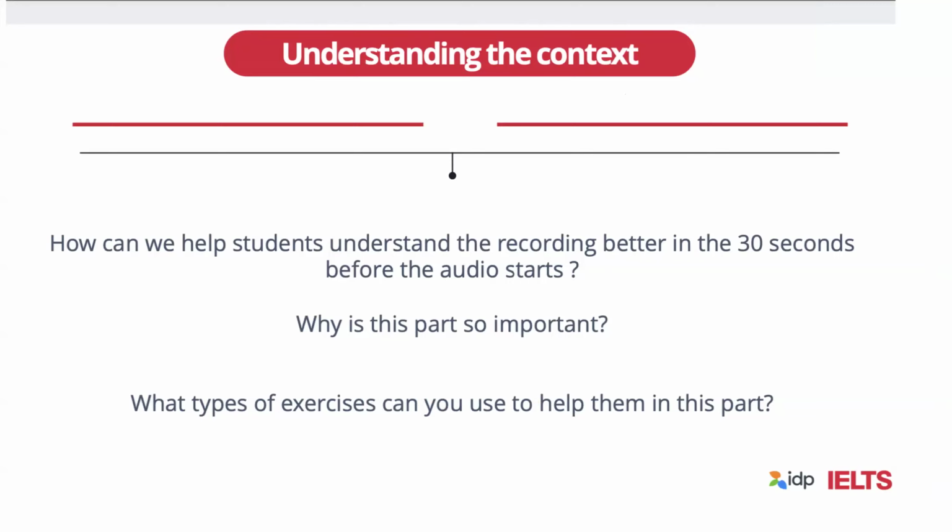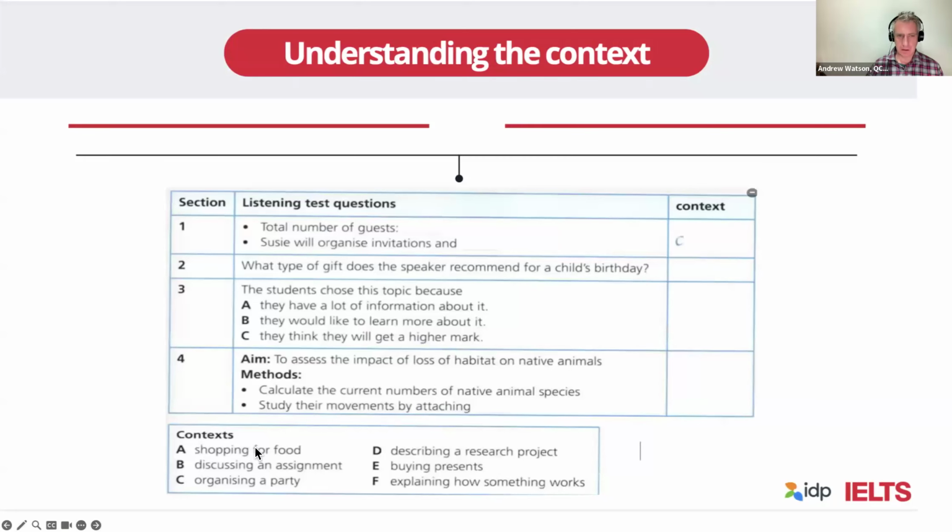These 30 seconds that they give the students is so important so that they recognize the layout of the exercise, where they have to put the answers, what kind of answers they are being asked for.